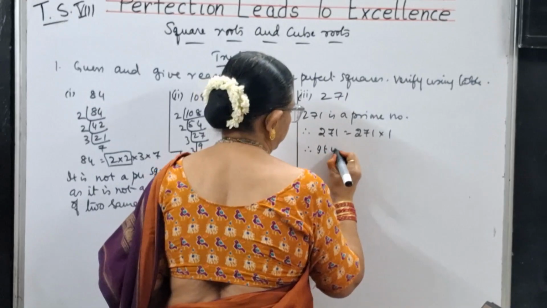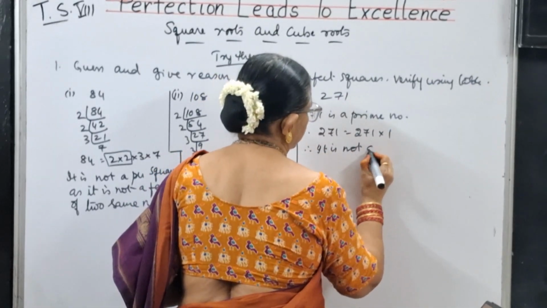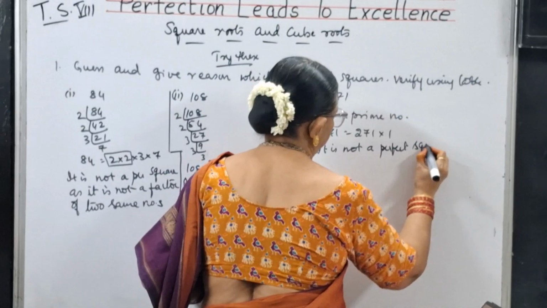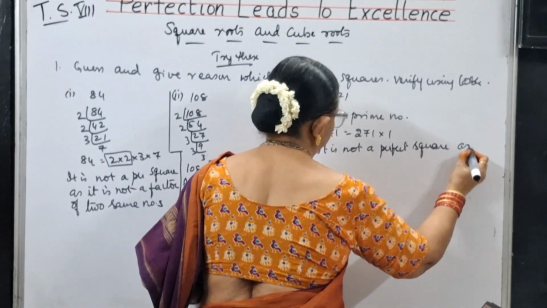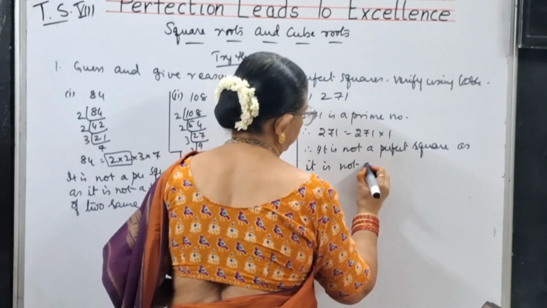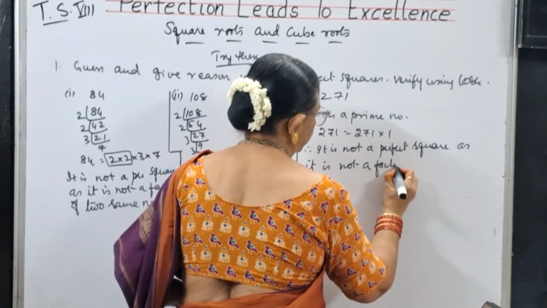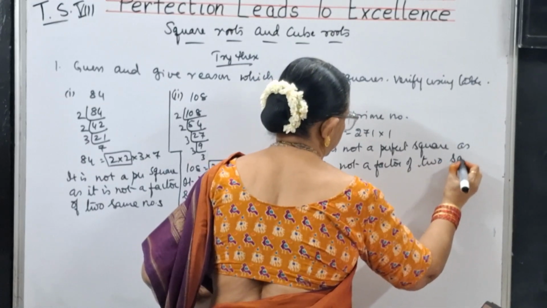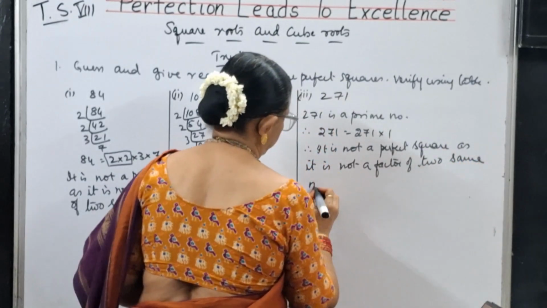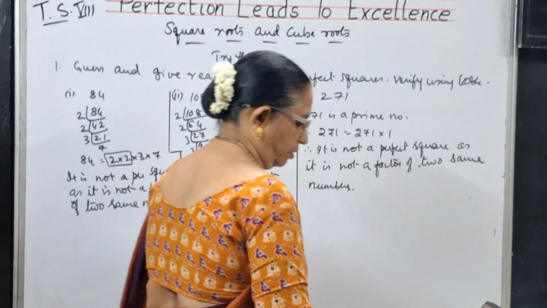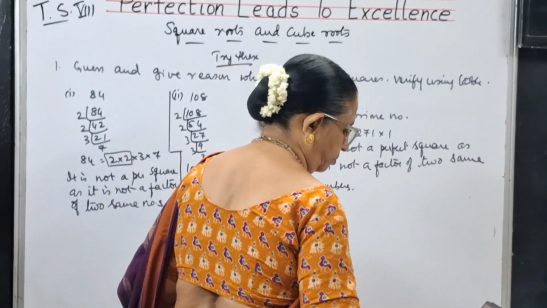Therefore, it is not a perfect square, as it is not a factor of two same numbers. So this is about 3 bits, children.